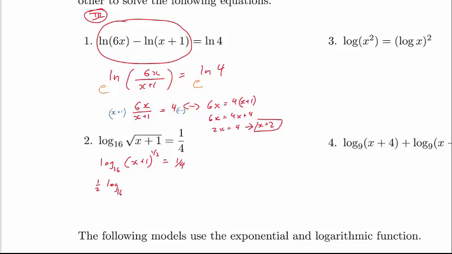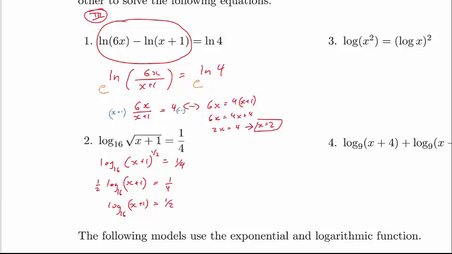times log 16 of x plus 1 equals 1/4, multiply by 2 like so. Now we want to get rid of the logarithm on the right hand side. How do we do that?